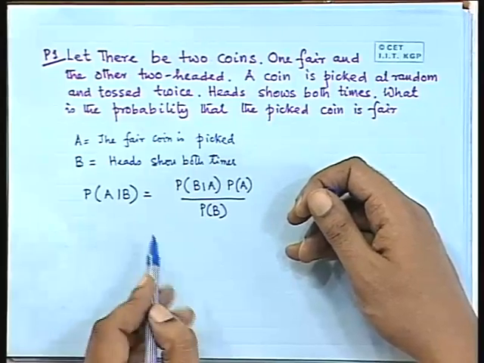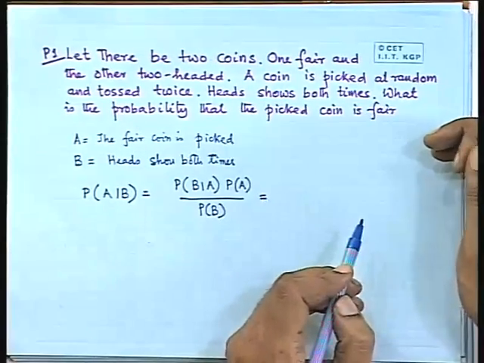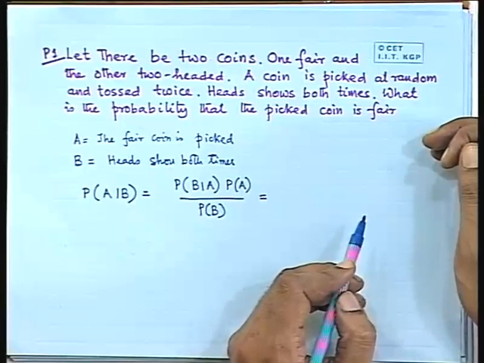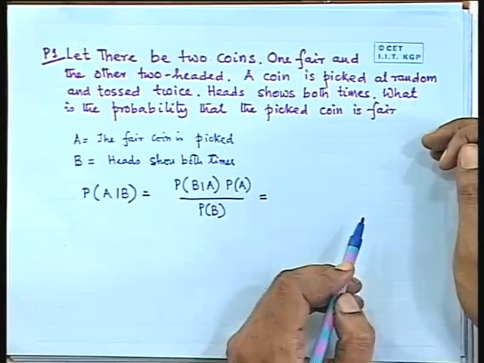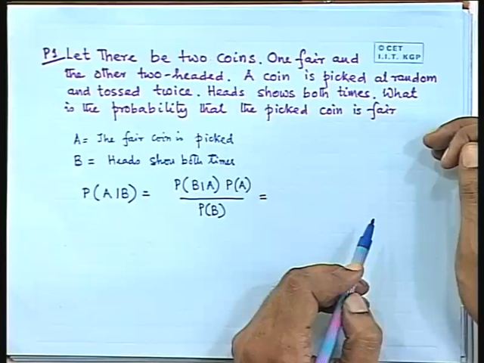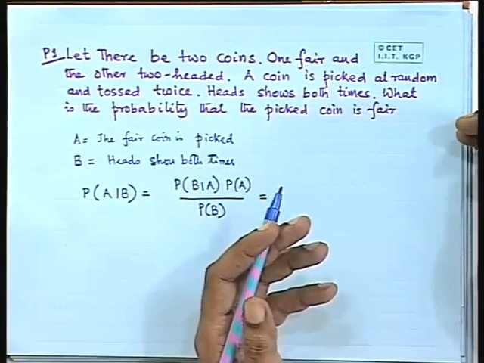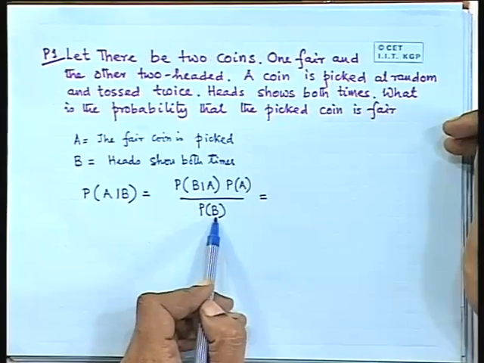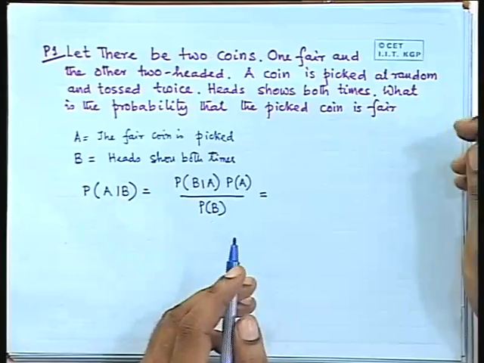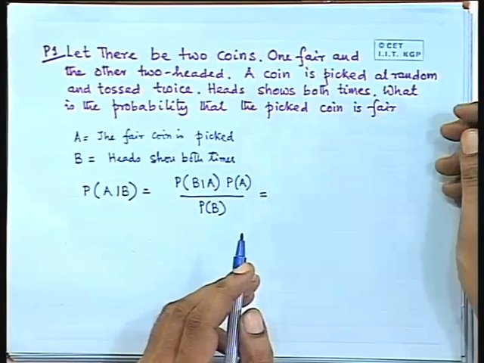Now what is probability of B? Probability of B event we have defined as heads show both times.